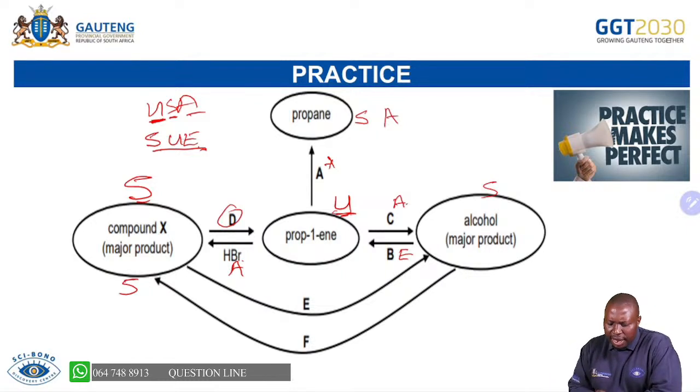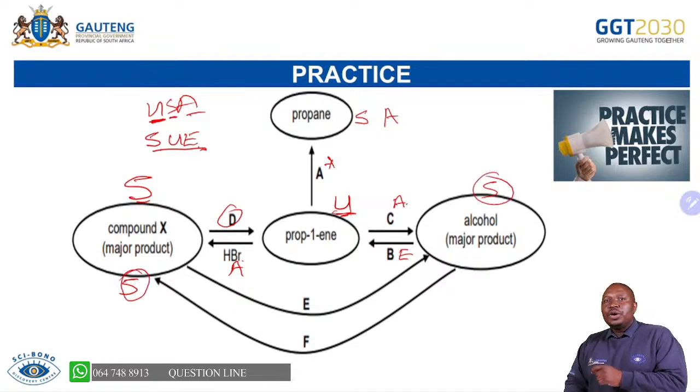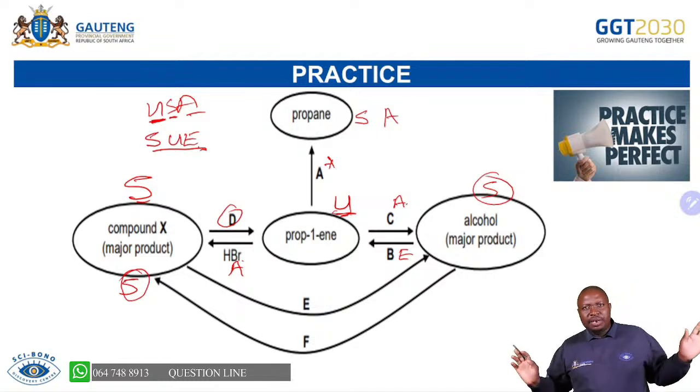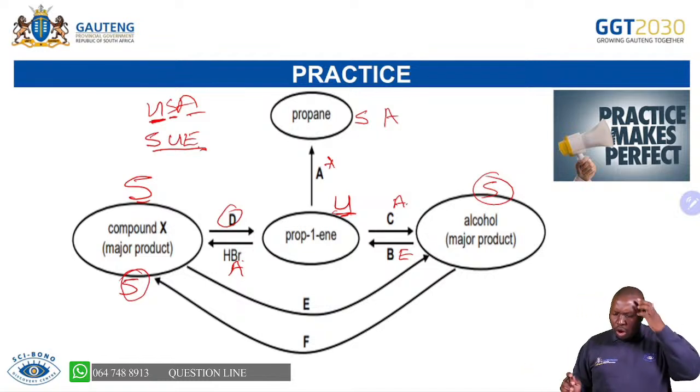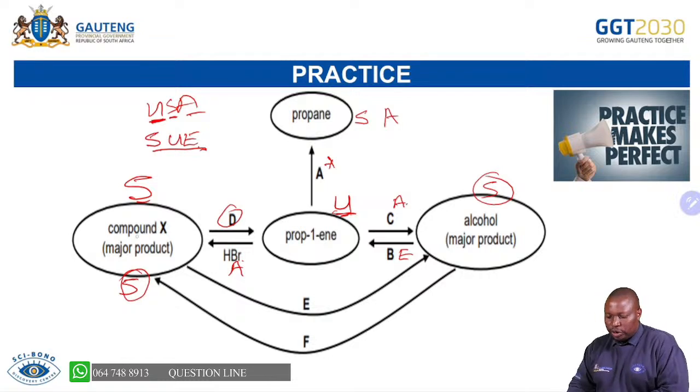Now, if we have a saturated forming another saturated, it simply means that we don't have a double or a triple bond between carbon atoms. That's the meaning of saturated that we are referring to. So as long as whatever is there doesn't have a double bond between carbon atoms, it is saturated in the way that we are talking about here.